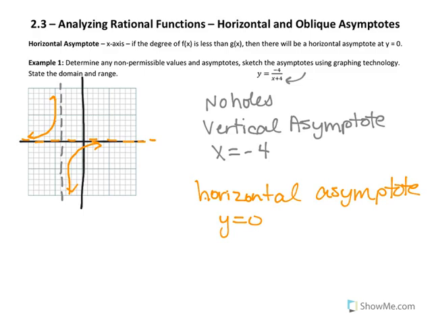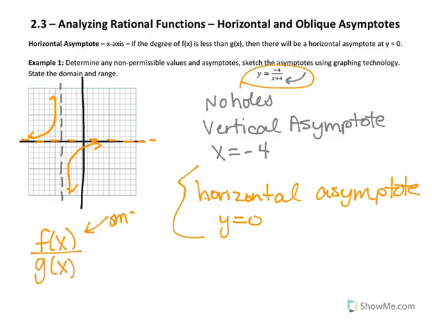So the reason why there's a horizontal asymptote at y equals 0 is because if we look at this equation, we have f of x over g of x. If the degree of f of x is less than the degree of g of x, so right here we have a degree of 0, and right here we have a degree of 1, so it's less than.